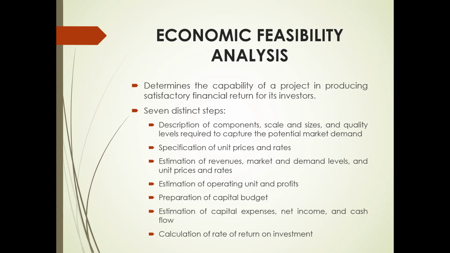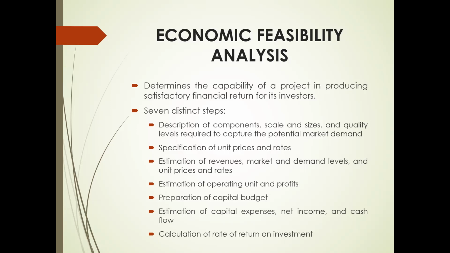The forecast of potential market demand and expressed desires and expectations of persons interviewed provide the key inputs in describing a detailed project concept. So the project concept describes the components, scales, sizes, and quality levels of facilities and services needed to satisfy the potential demand discovered. Then, the unit prices and rates are prepared.